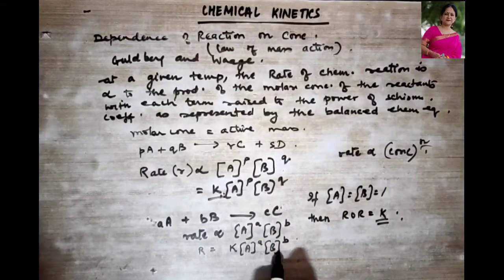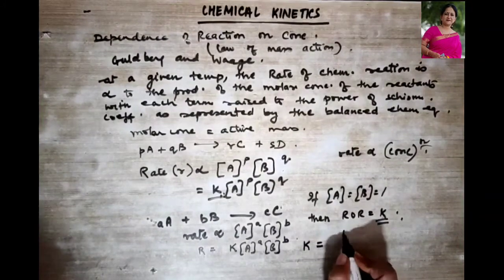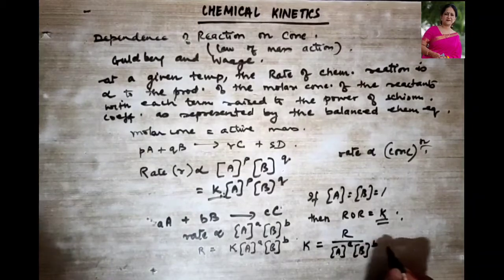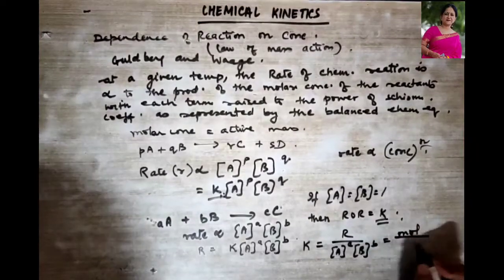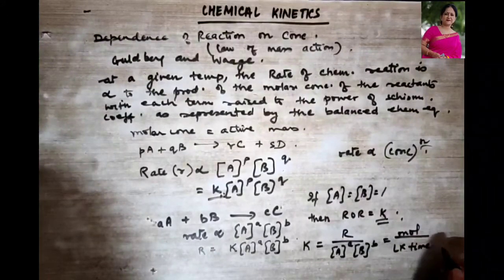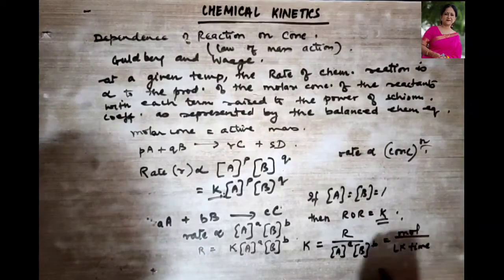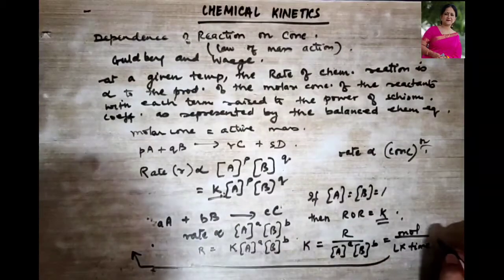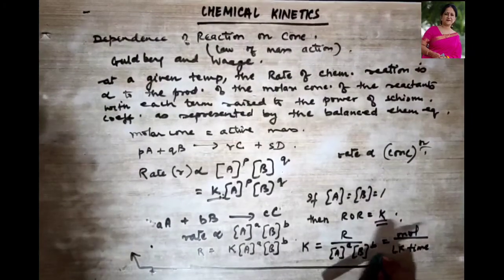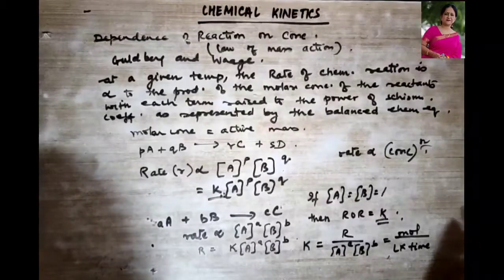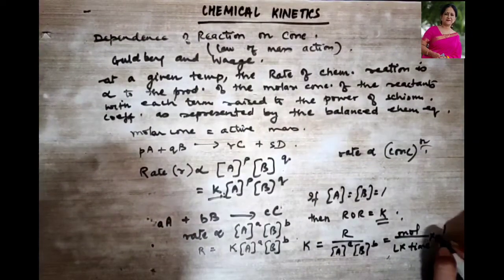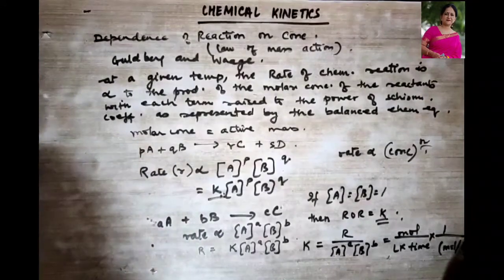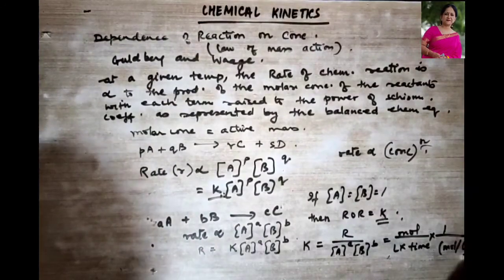If we go back to this equation, we will see that K is equal to R upon [A] to the power of a, [B] to the power of b.